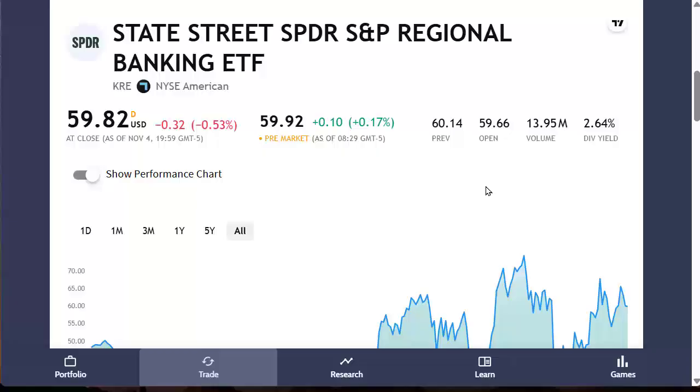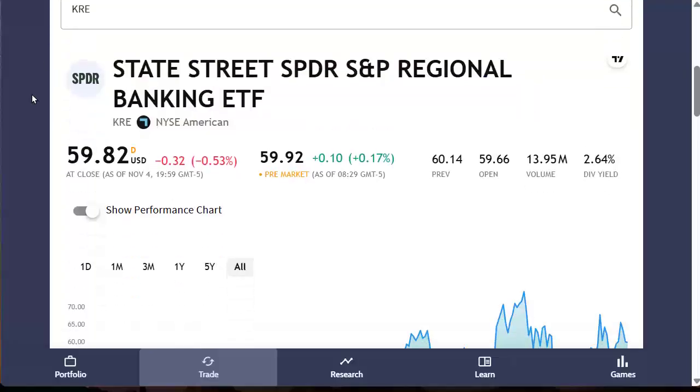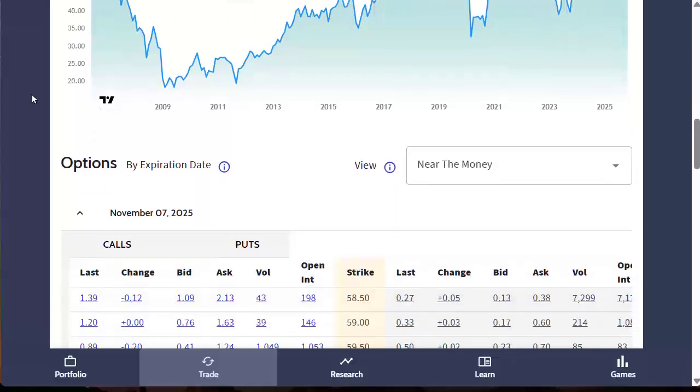Okay, so what we're going to do is we're going to bet this is going to go down. Now, this is very, very risky. We're probably going to lose the bet, and we're going to talk about that. So this is an option. And we're going to do one particular strike price and one particular date. The reason these are selected is, number one, because we don't know that it's going to go down right away.